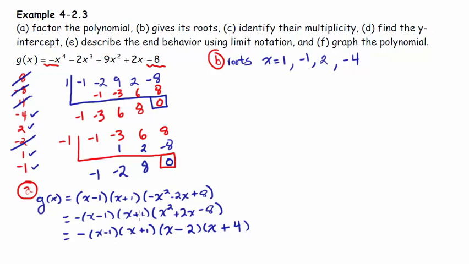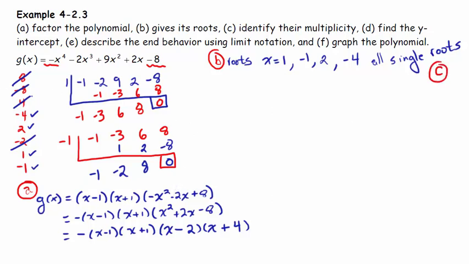Okay, each of these factors show up once, so these are all single roots. Alright, which answers part C about their multiplicity.